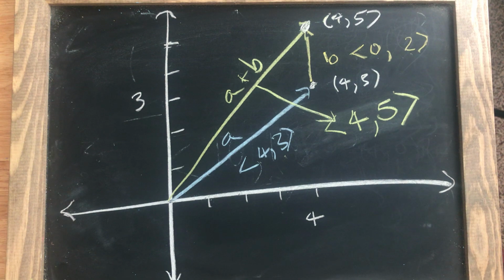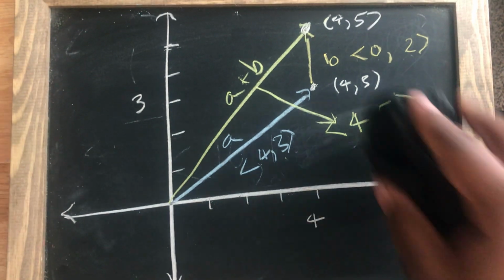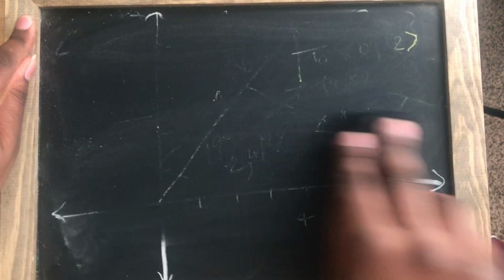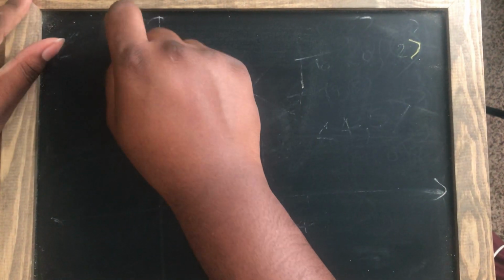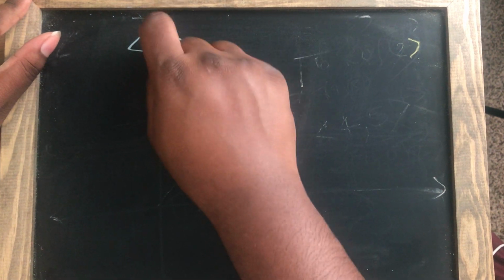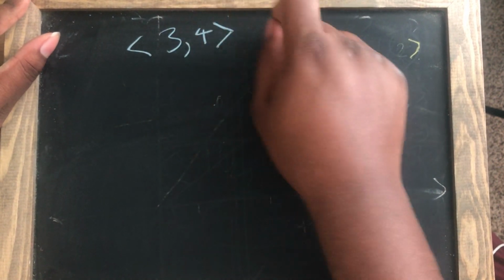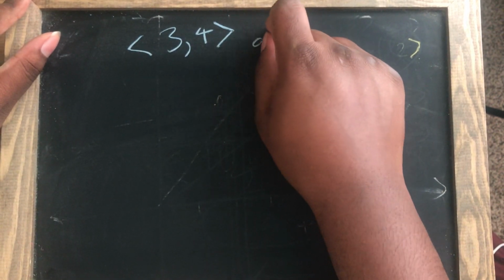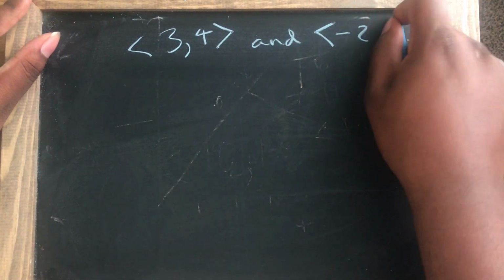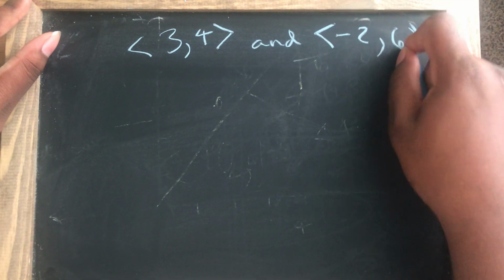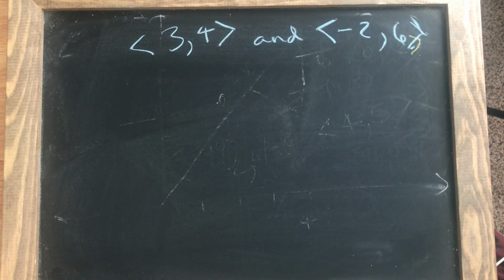All right, so let's do a couple of problems real quick. Let's say that you got the vectors (3, 4) and (-2, 6).